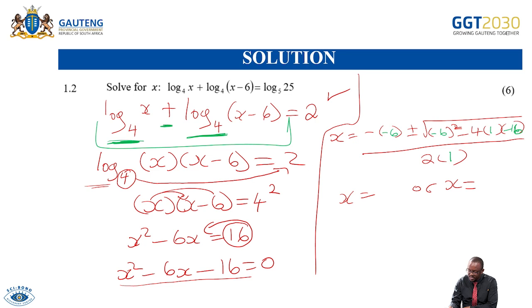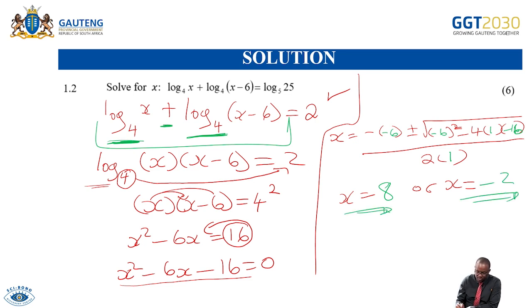If you were to punch that in your calculator, let's see what we get. Negative 6 as your b, then another negative 6, then you have your 1 and negative 16, divided by 1. Then you will see that one of the answers will be 8, and the other one will be negative 2.